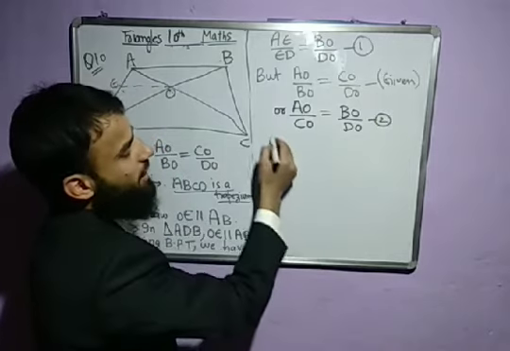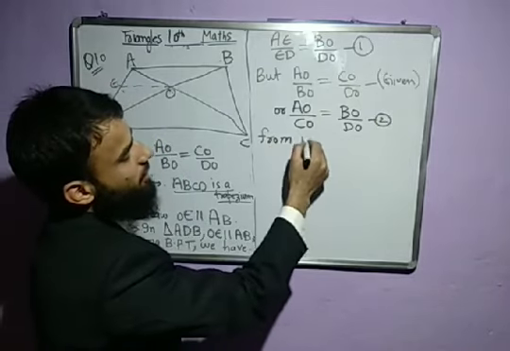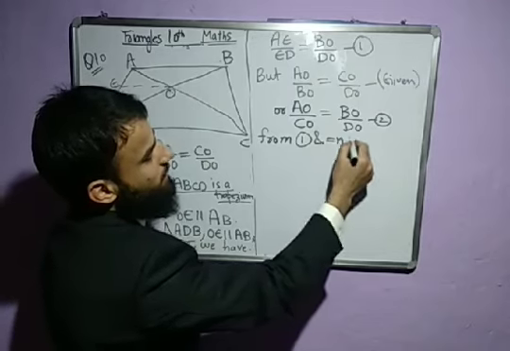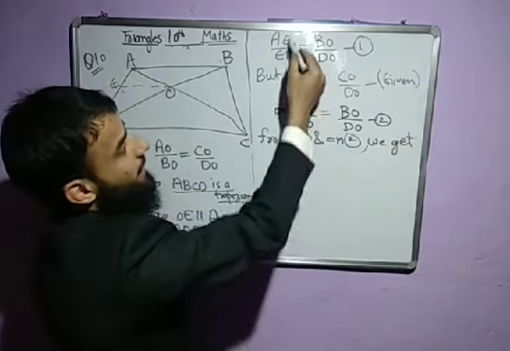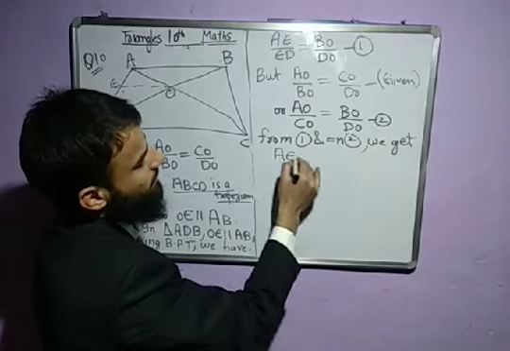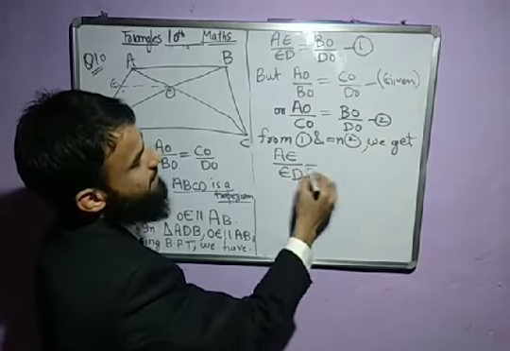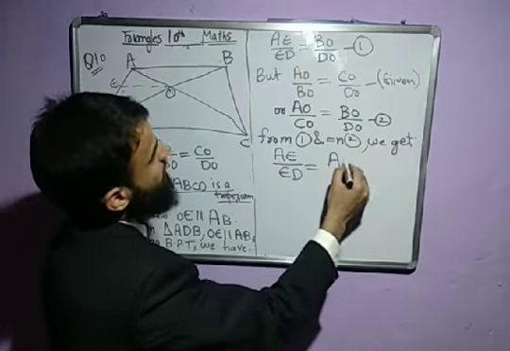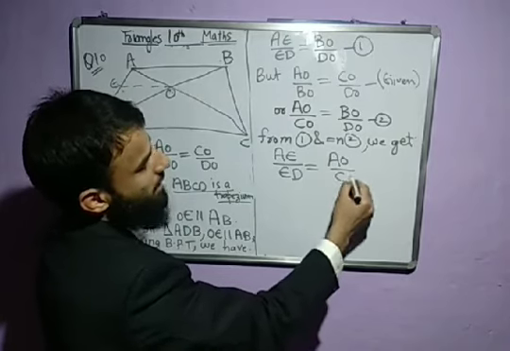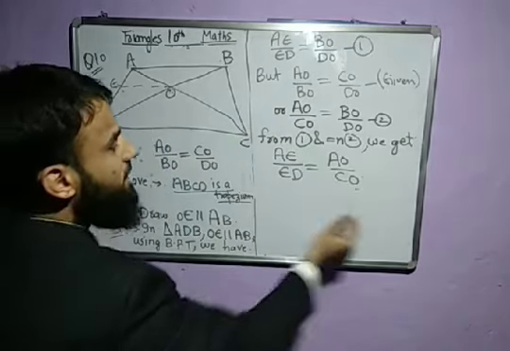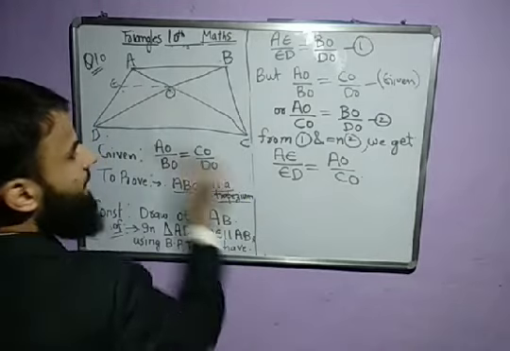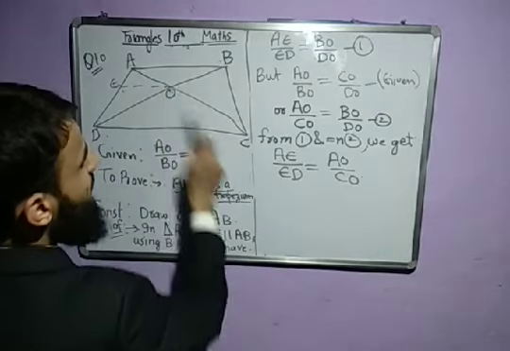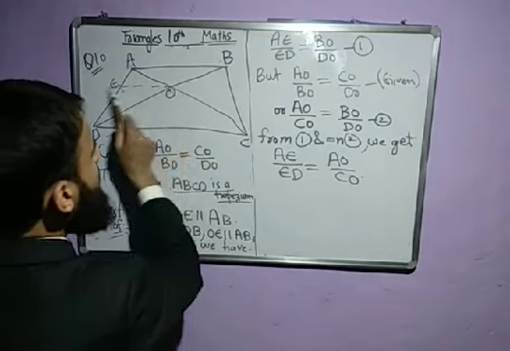You will find equation 1 and equation 2 are equal. So from equation 1 and equation 2, we get AE by ED is equal to AO by CO. Now, if we look in the triangle ADC, AE by ED is equal to AO by CO. It means OE is parallel to DC.